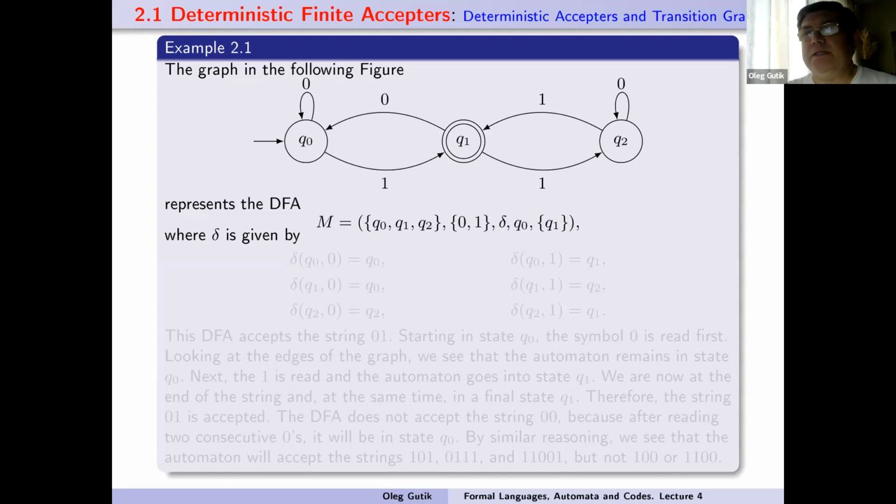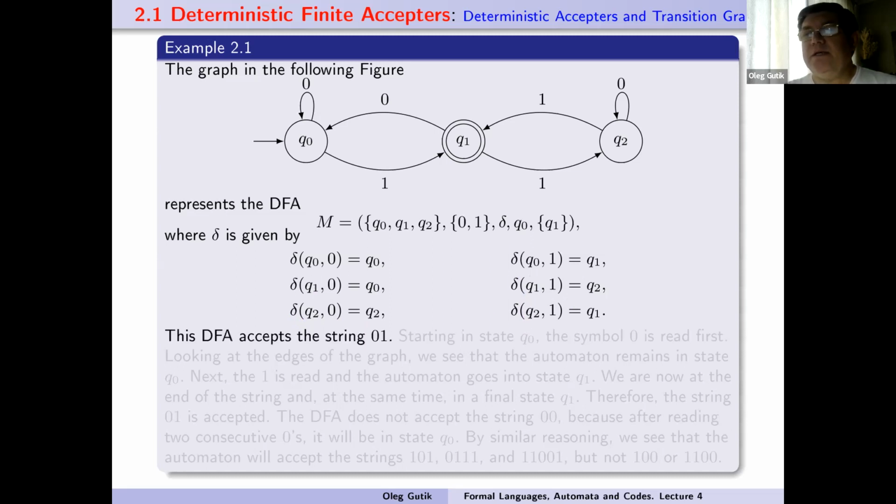The transition function δ is given in the following way: δ(q0, 0) = q0, δ(q1, 0) = q0, δ(q2, 0) = q2, δ(q0, 1) = q1, δ(q1, 1) = q1, δ(q2, 1) = q1.